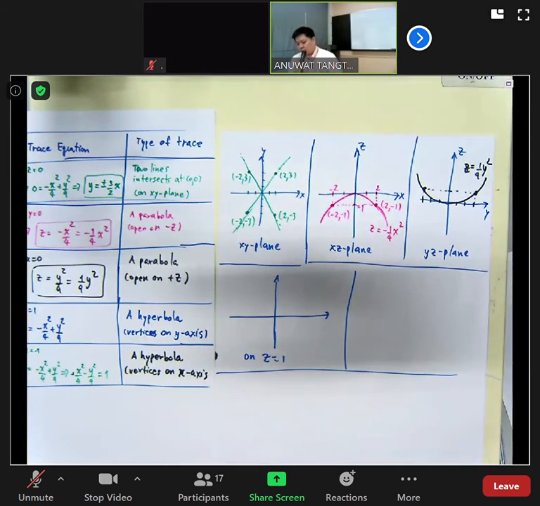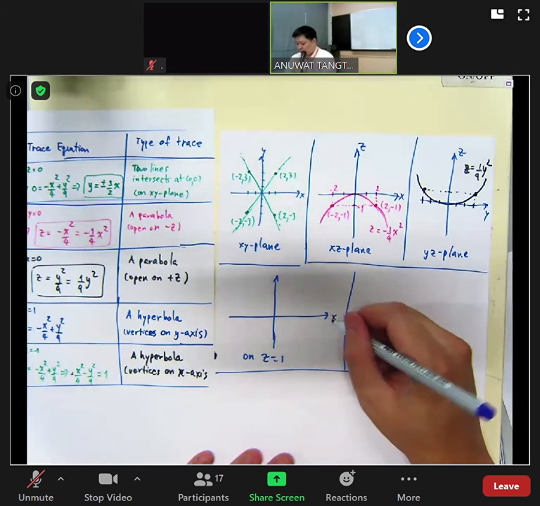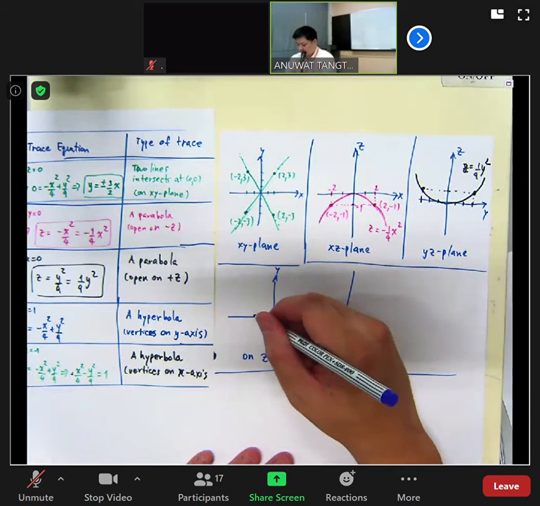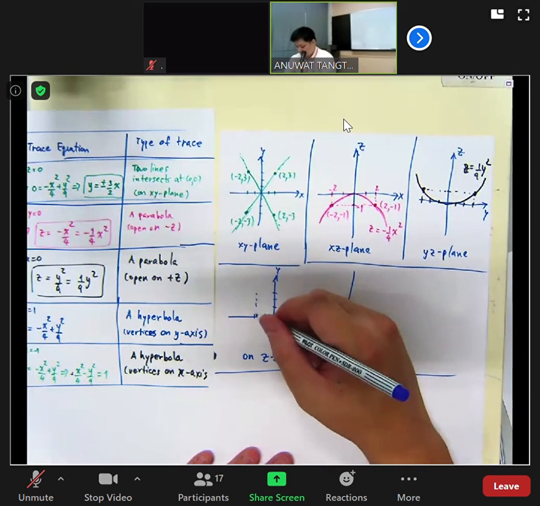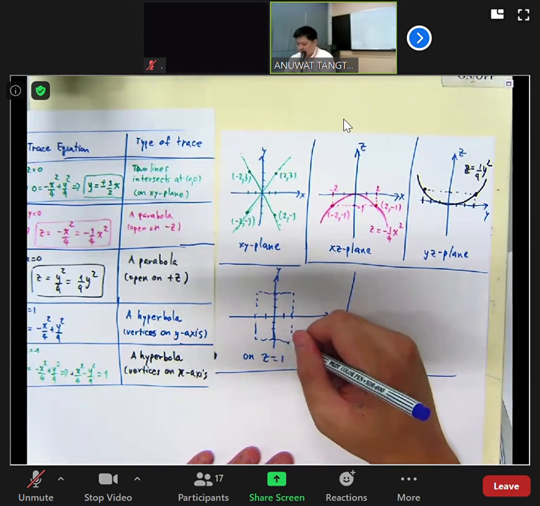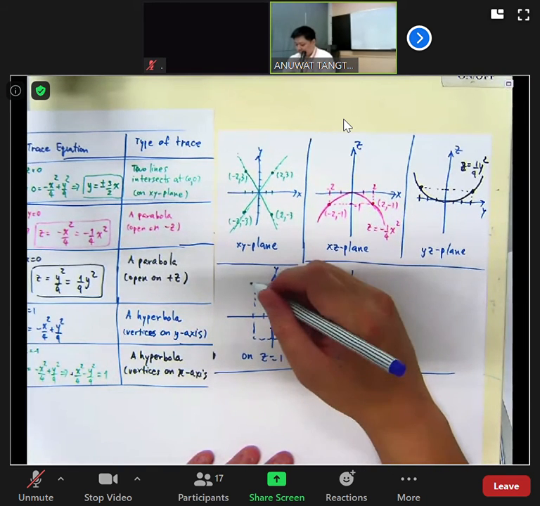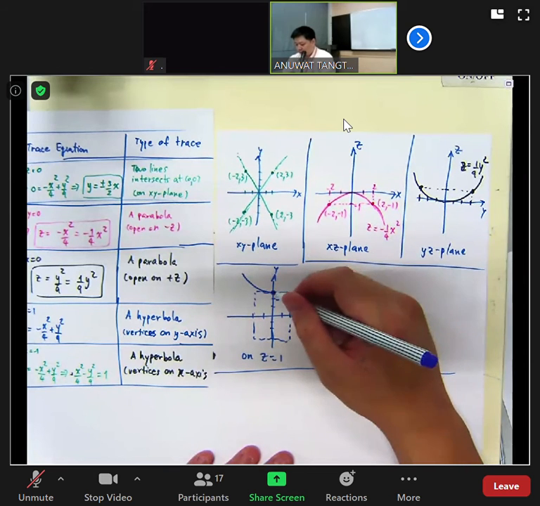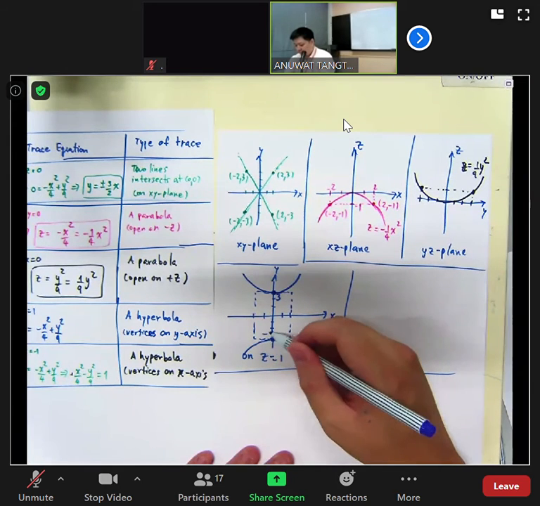On z equal to 1, it would be the hyperbola under x is 2, under y is 3. And this time, the vertex is on the y-axis, so the hyperbola would be at y equal to 3 and minus 3.